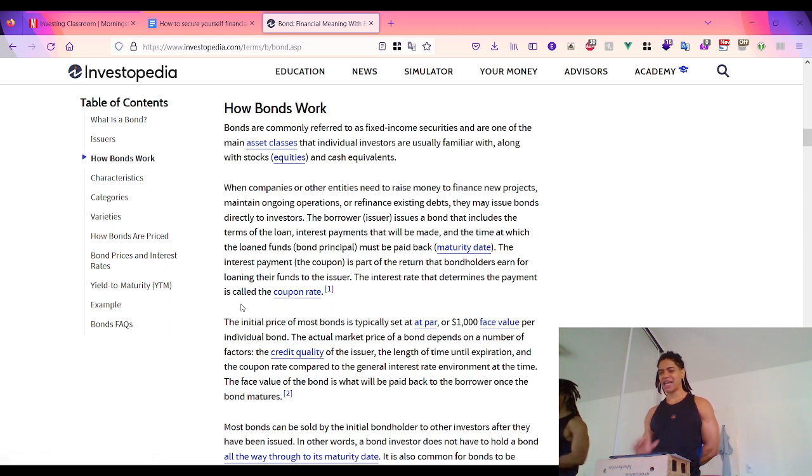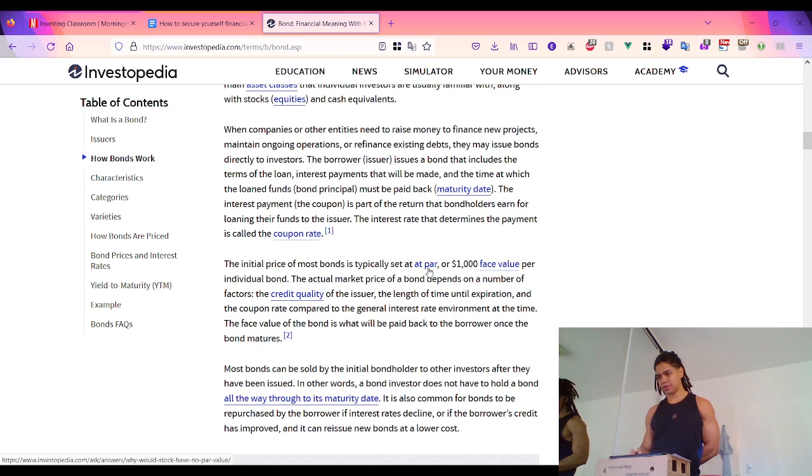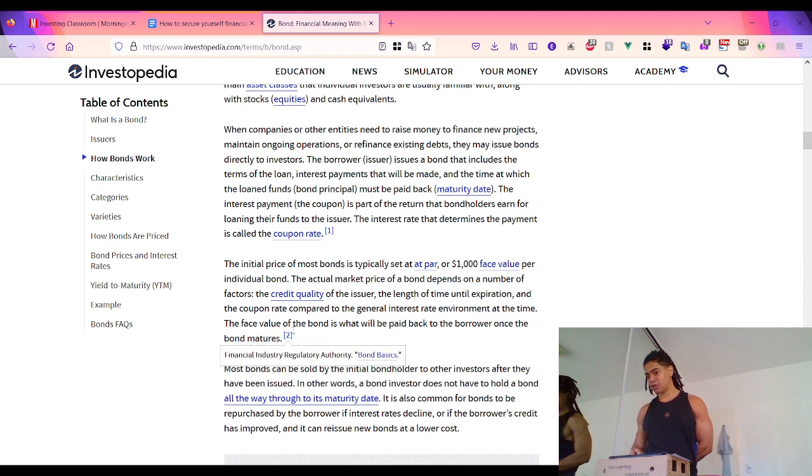Again, this is part of the anatomy of a bond. The initial price of most bonds is typically set at par, at $1,000 face value per individual bond. The actual market price of a bond depends on a number of factors: the credit quality of the issuer, the length of time until expiration, and the coupon rate compared to the general interest rate environment at the time.